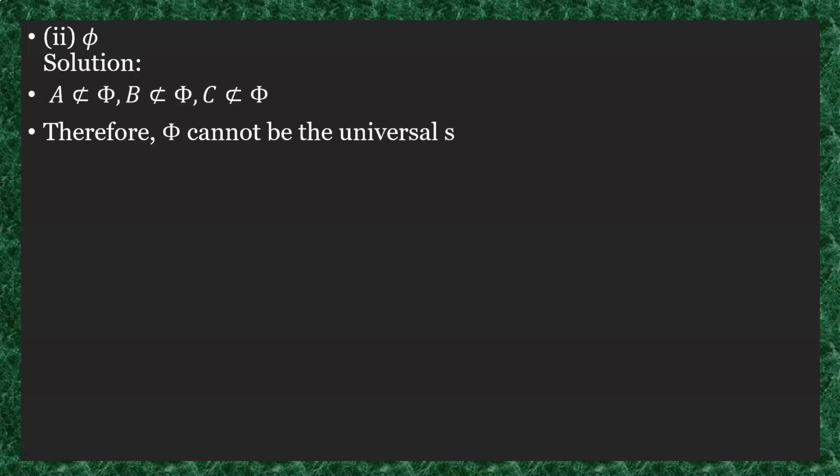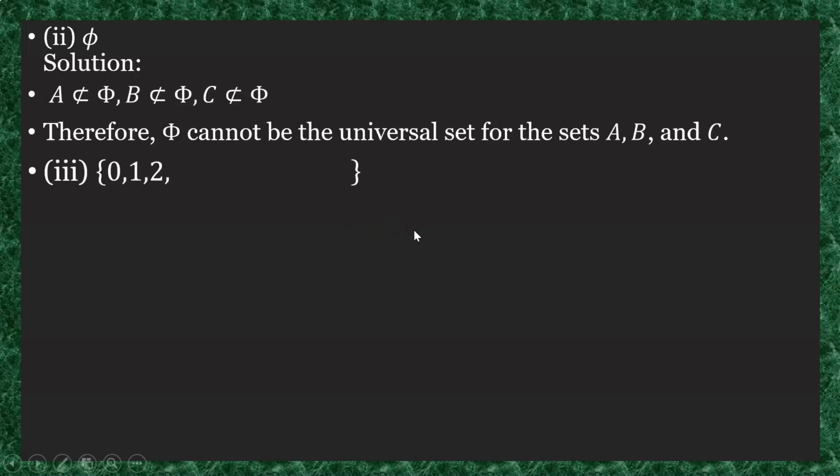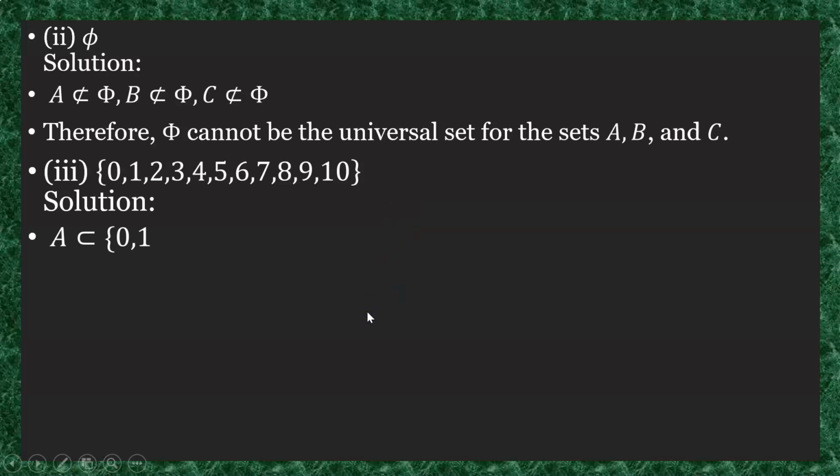The first is here, second is phi. A is not a subset of phi, B is not a subset of phi, C is not a subset of phi. Therefore, phi cannot be the universal set for the sets A, B and C. Third, 0, 1, 2, 3, 4, 5, 6, 7, 8, 9, 10. The solution: A is a subset of 0 through 10.